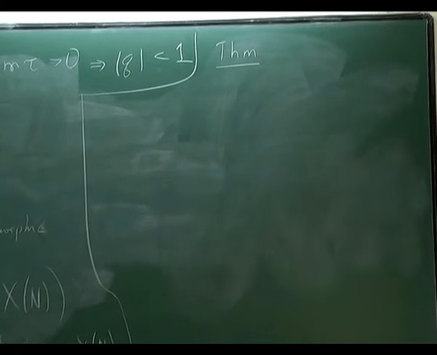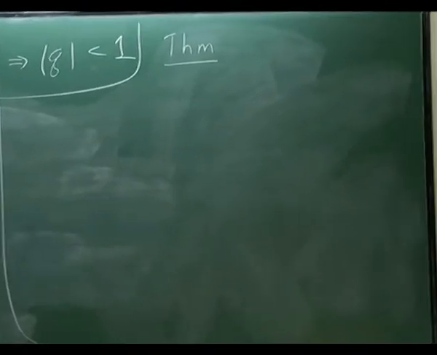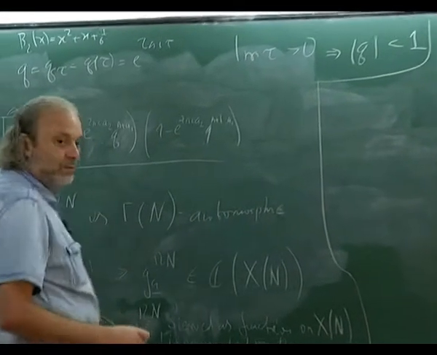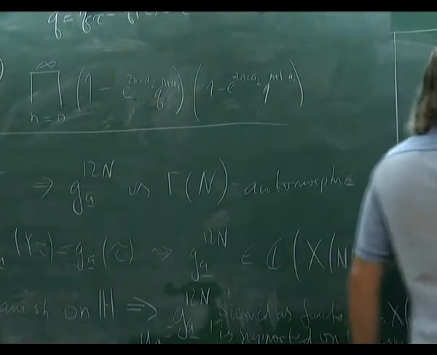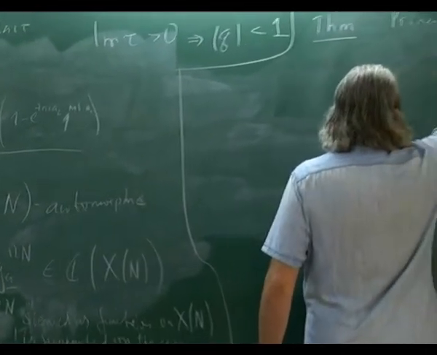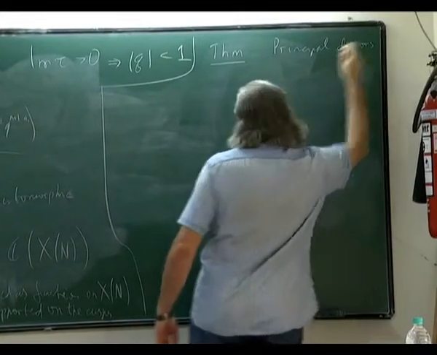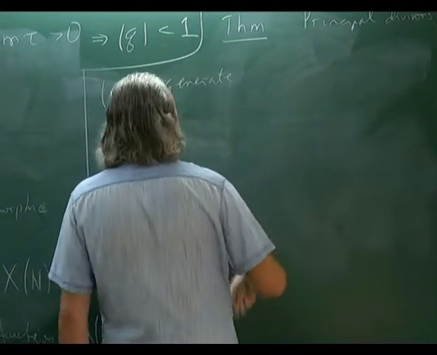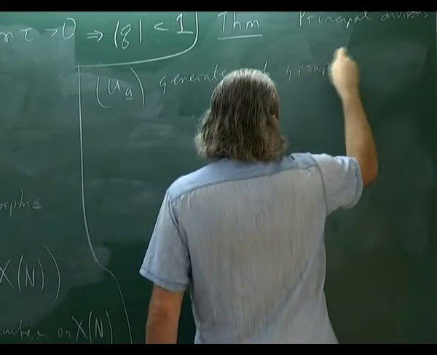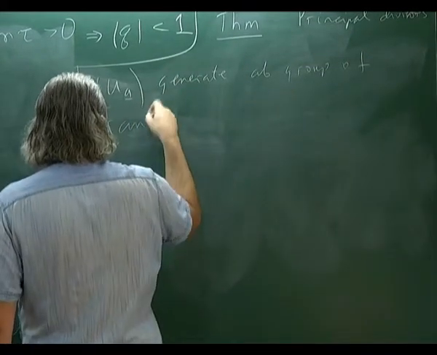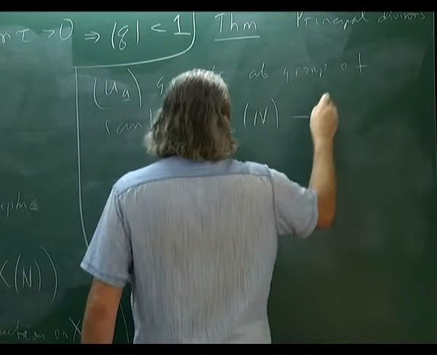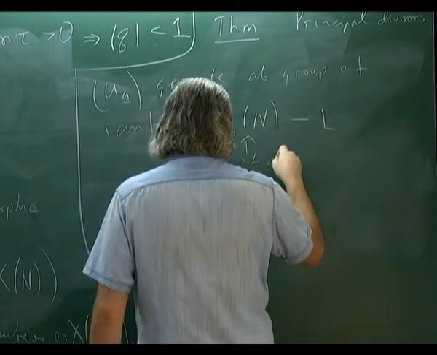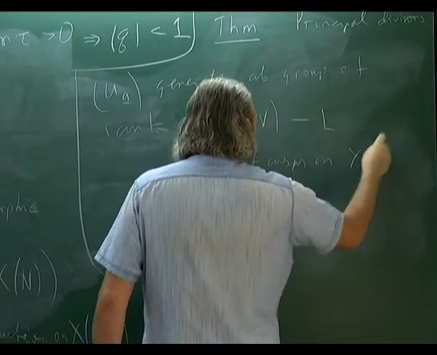So let us call this function UA. Good? So the principal divisors of UA generate an abelian group of rank nu infinity of n minus 1, where nu infinity of n is the number of cusps on X of n.